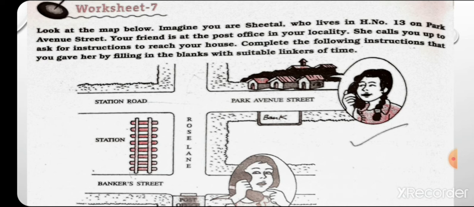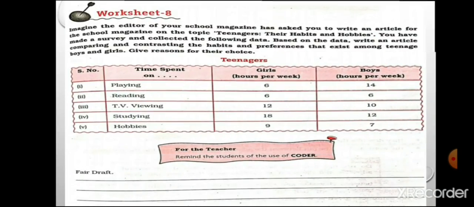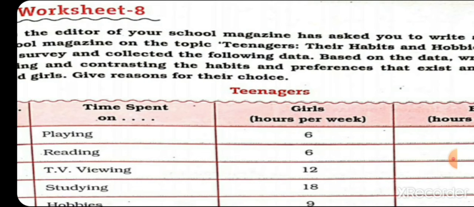When you reach the crossing, turn right. Keep walking ahead even after you cross the bank on your right. Walk about 50 yards. Then you will notice a row of houses on the left, and house number 13 is mine. Like this, students, try to complete worksheet number 7.